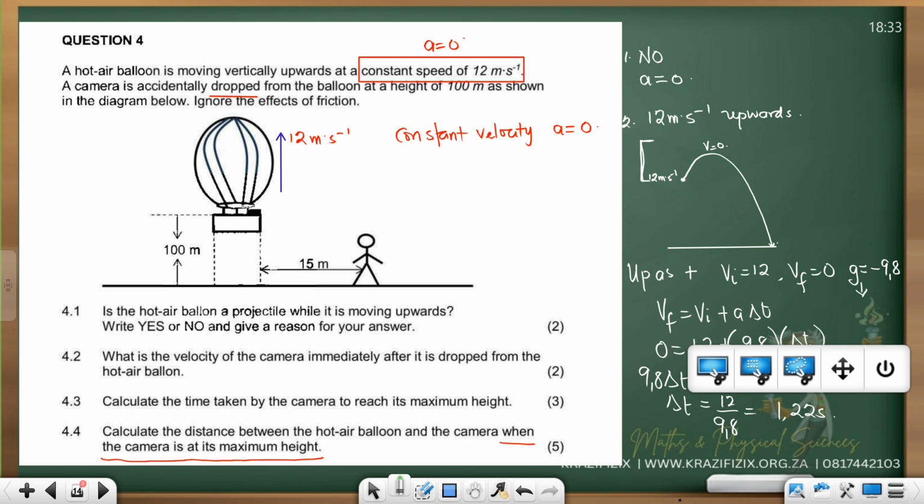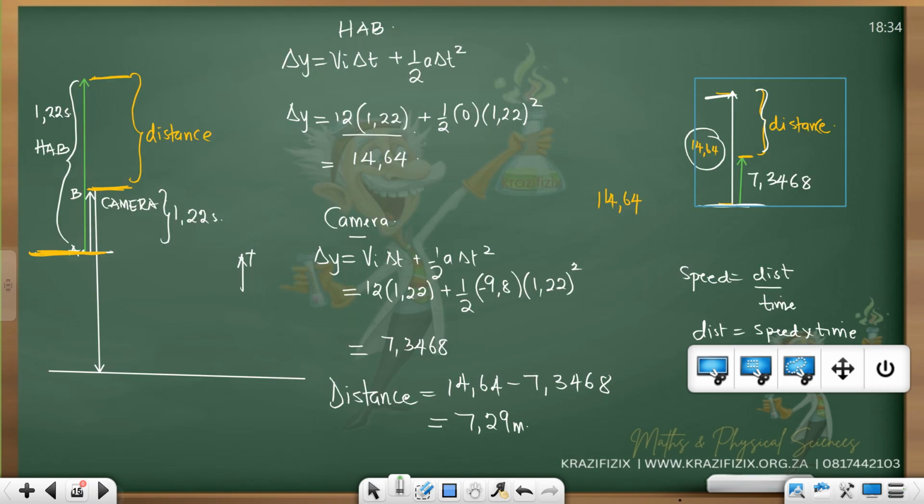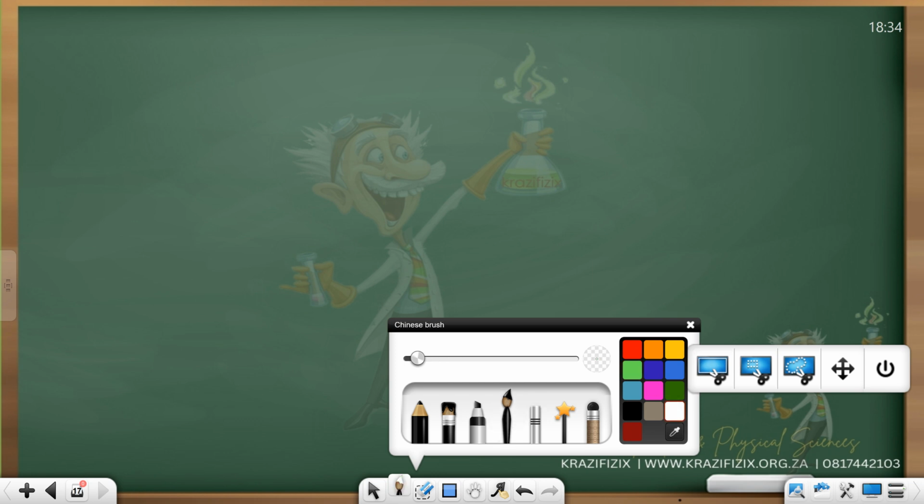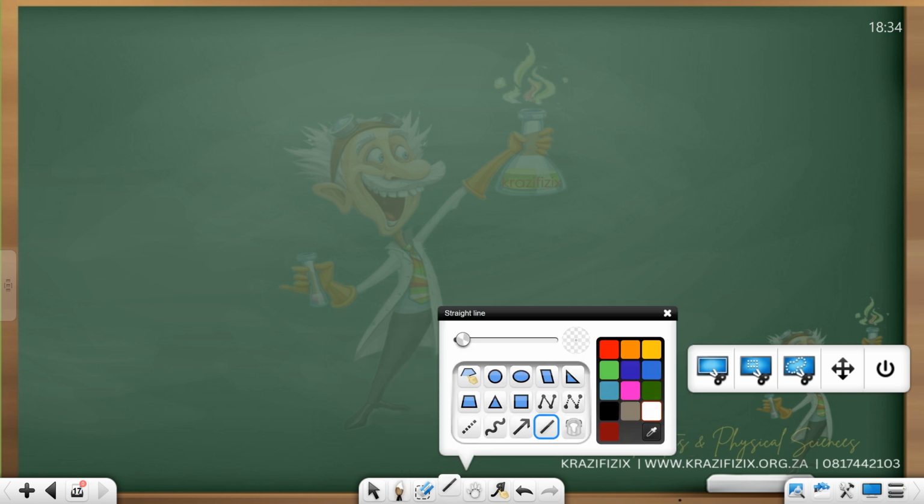All right. So the idea would be, how long will it take the camera to reach the ground? And how long will it take this guy to reach this point? That's what we need to calculate and compare. Let's do part one first: how long will it take the camera to reach the ground? I'll redraw the diagram for you.